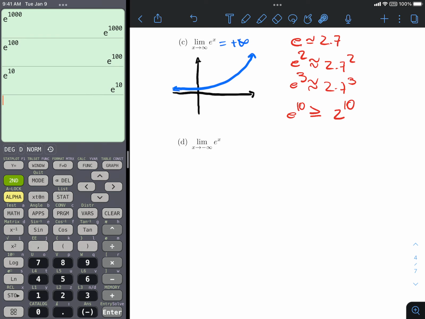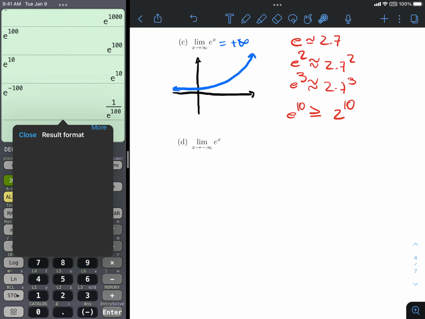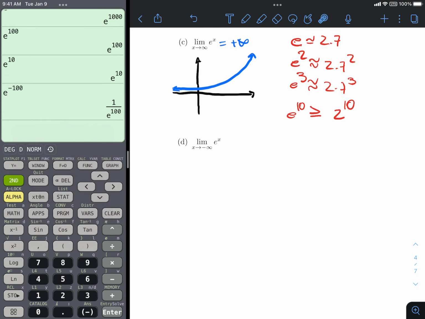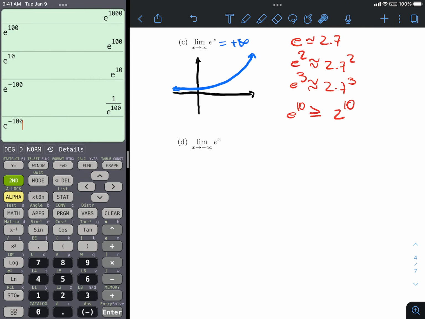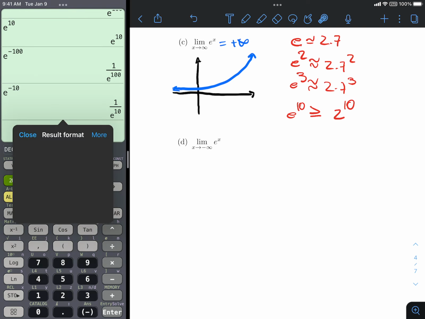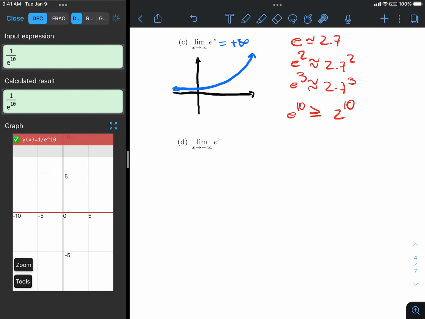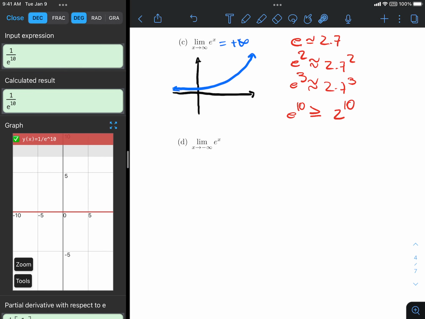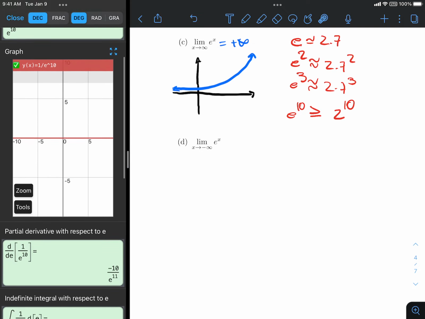If I plug in e raised to minus 100, let's see. Calculator is not collaborating. What if I just do minus 10? Yeah, it doesn't seem to be collaborating.